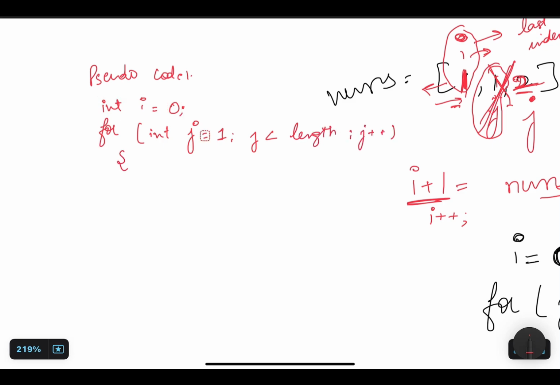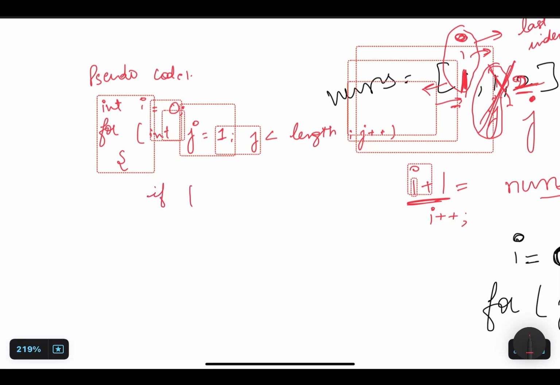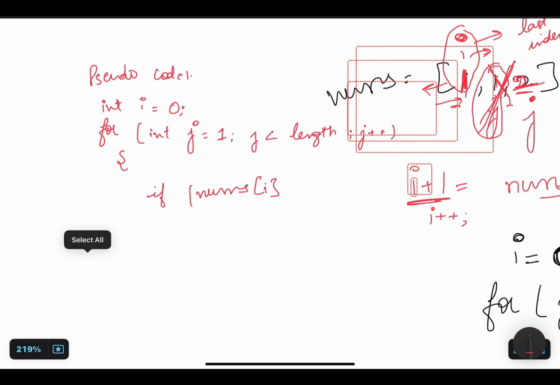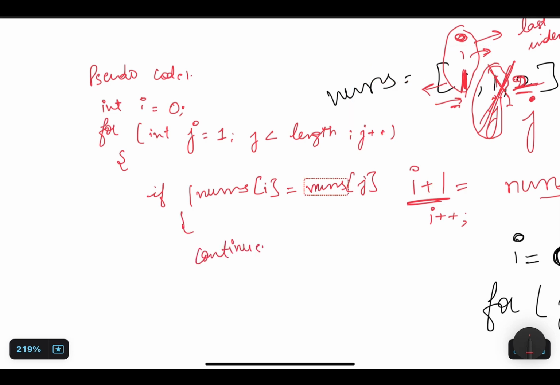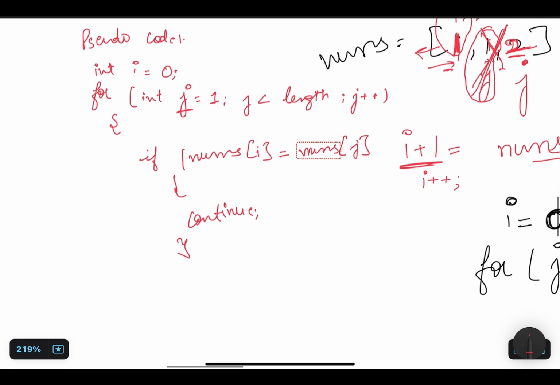Okay, now we are checking that if nums at i is equal to nums at j, simply skip it, which means continue. We are not moving forward. Just skip this and go to the next iteration of j.